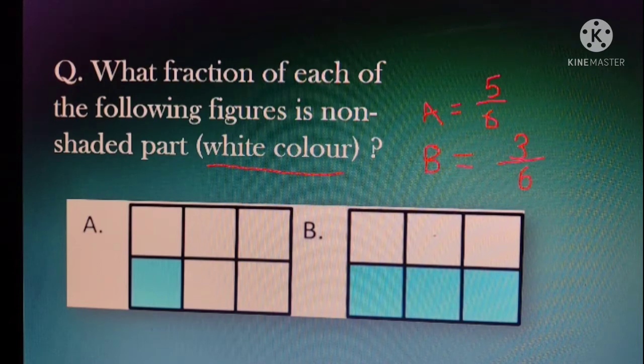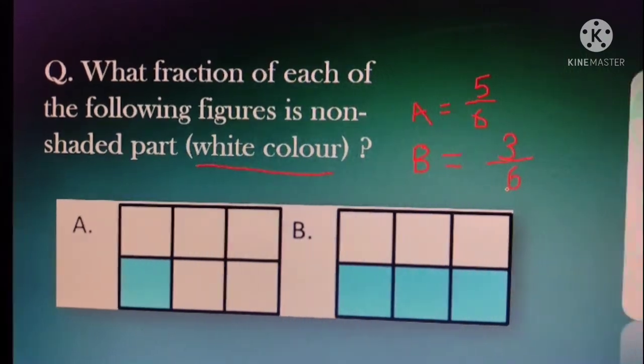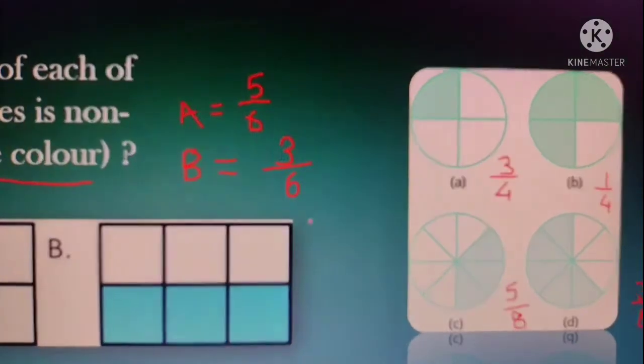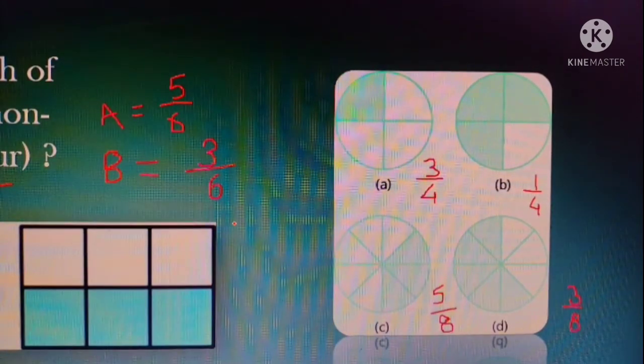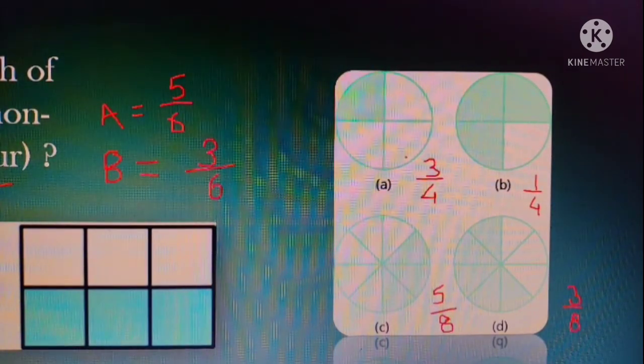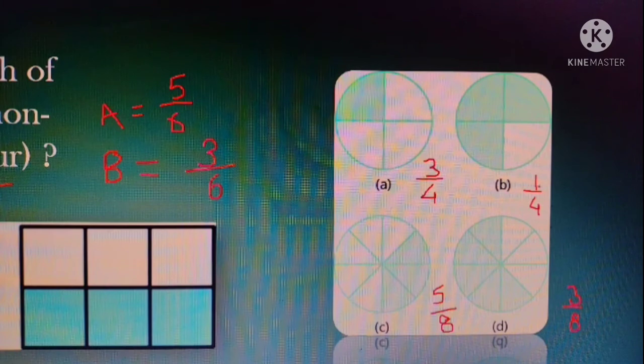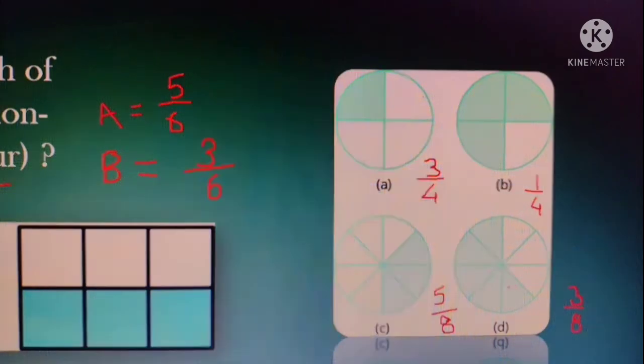So 6 and 3 are non-shaded. Okay. Now in this figure you can see into 4 equal parts the figure has been divided. So 4, 3 are non-shaded, so 3. So here 1 by 4, here 5 by 8 and here 3 by 8. Okay.